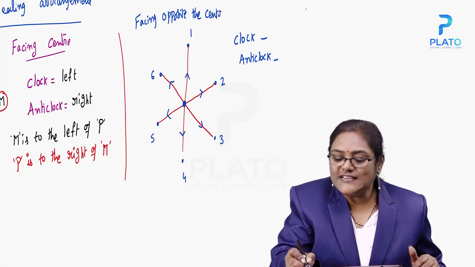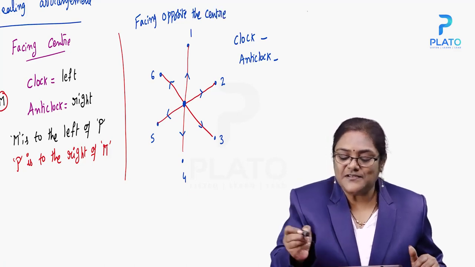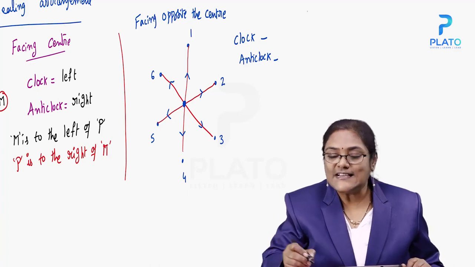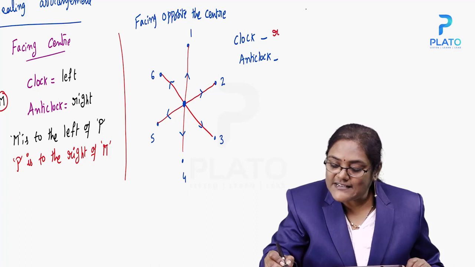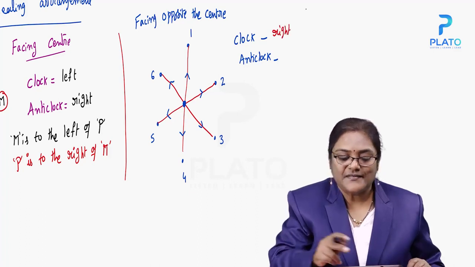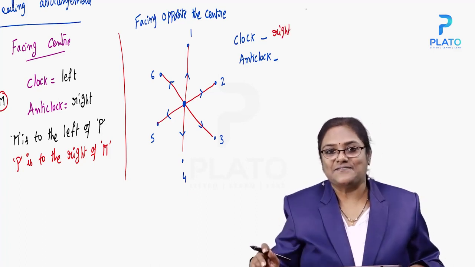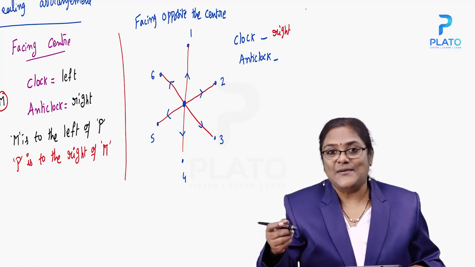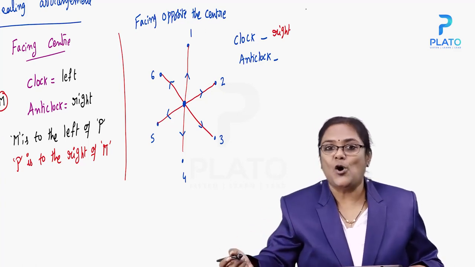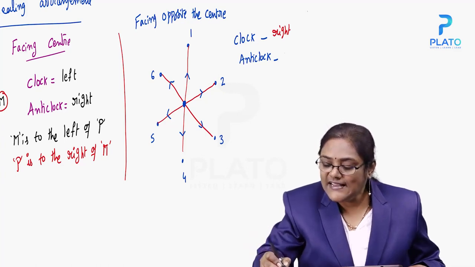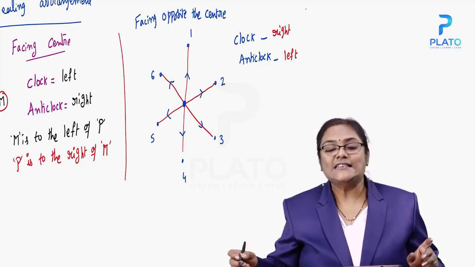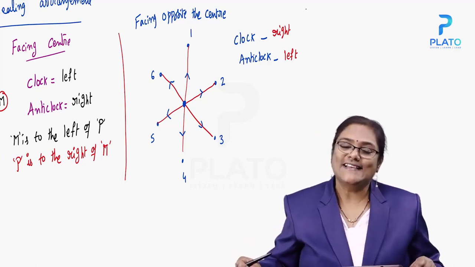Now, obviously, what happens, dear friends? Clockwise direction from any person will be now right because they are facing opposite the center. So now clockwise will be right. Anti-clockwise will be left.